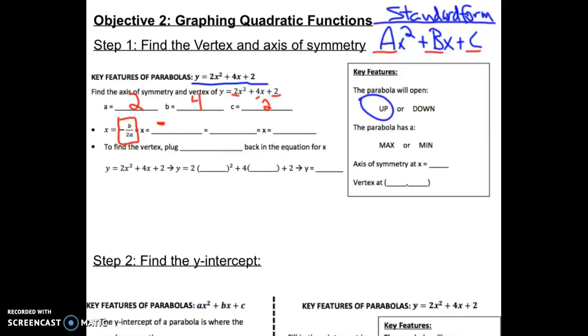In this case, our b term is positive, and our a term is also positive. So when I get to this point, and I've filled in 2 times 2, when I filled in my b on top in my numerator, 4 becomes b because that's my b, and my a right here, 2 becomes a because that's my a in this case.